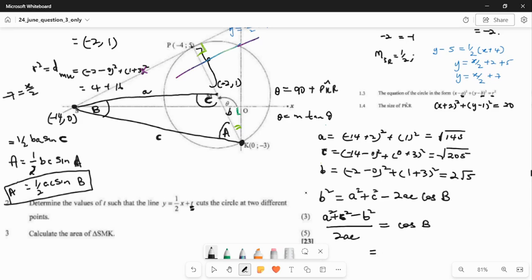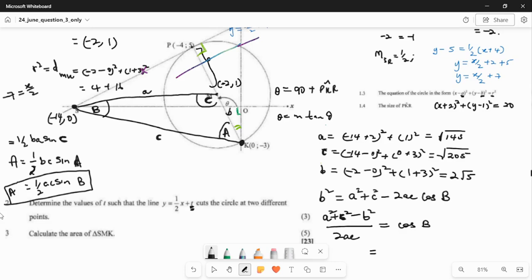Divided by 2AC, what is A? Square root 145 multiplied by square root 205. Minus B squared. What is B squared?